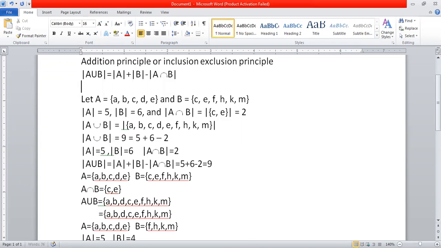Okay, इसको क्या बोलते हैं? Inclusion exclusion principle.